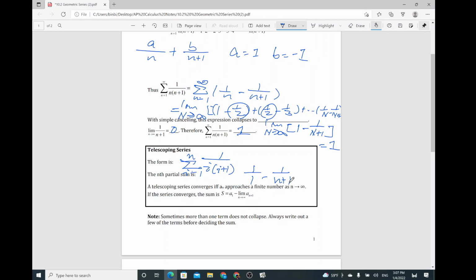Your telescoping series converges if and only if a sub n approaches a finite number, a definite number, as n approaches infinity. If the series converges, the sum is a sub 1 minus the limit of a sub n plus 1 as n approaches infinity, which is what we just did right here.